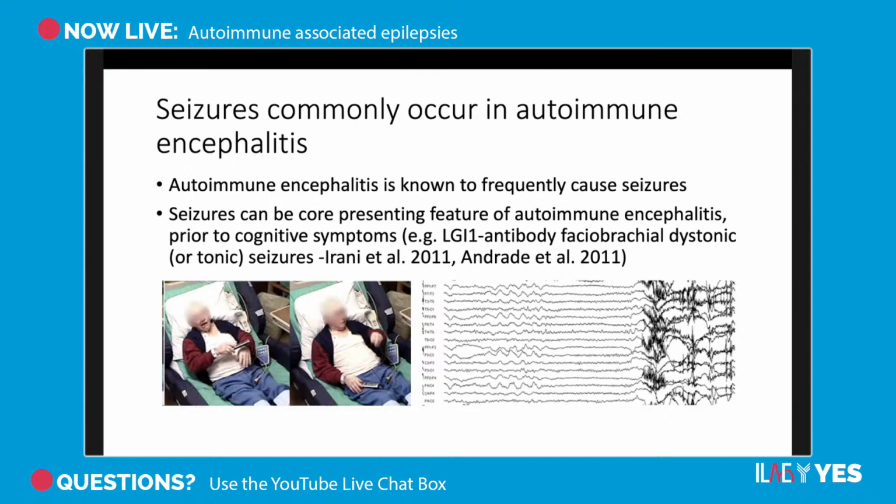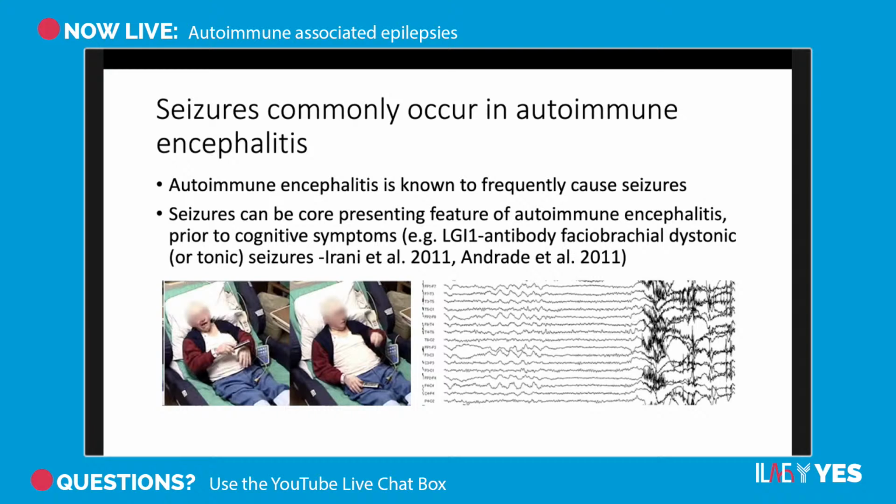While the initial description stated that the EEG is normal with these seizures, later publications identified that most of these patients with the more severe spasms, with the more severe seizures, will have a preceding diffuse electrodecrement, which is why some groups have advocated that these be called tonic seizures.